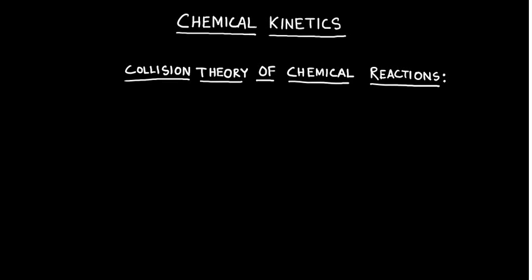Now, what does the collision theory say? Collision theory says that the reacting species, or the reactants taking part in a chemical reaction, can give product only in case they come in contact with each other. That means they will give rise to products only when they collide with each other.